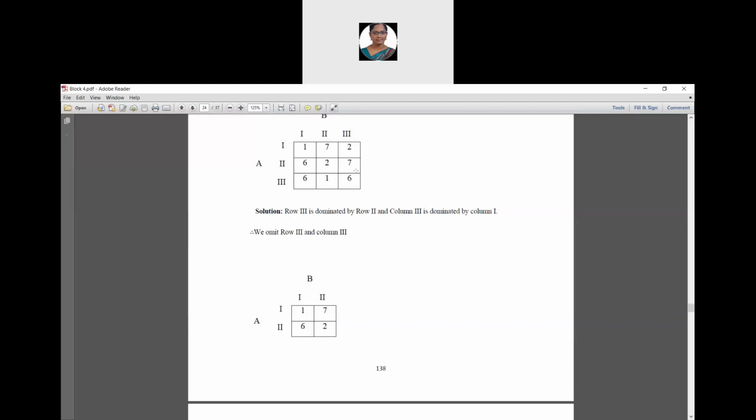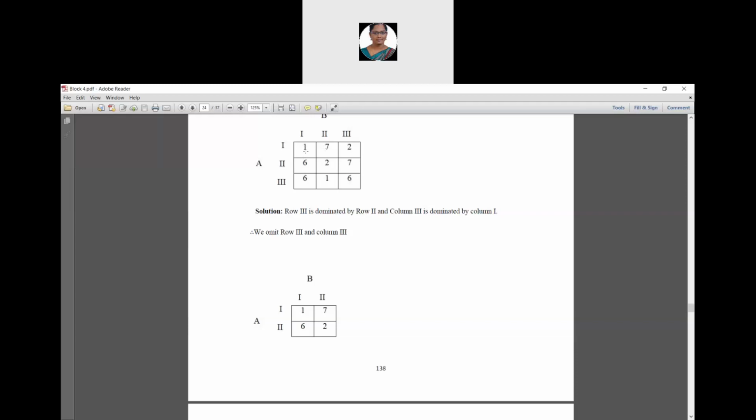Now we have to compare the columns. In columns, we have to look at the largest element. First, we compare the first two columns.